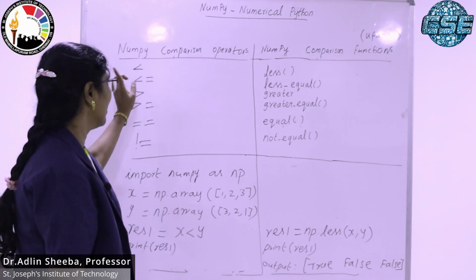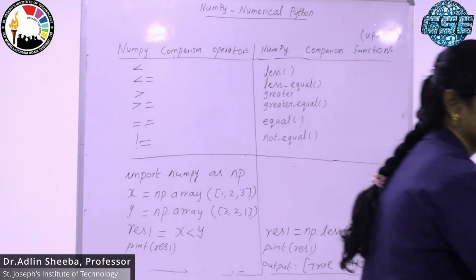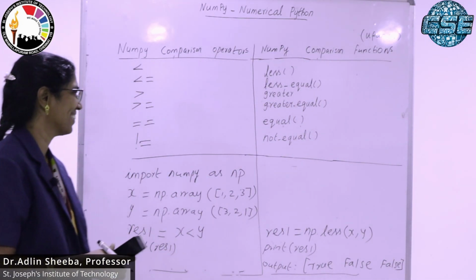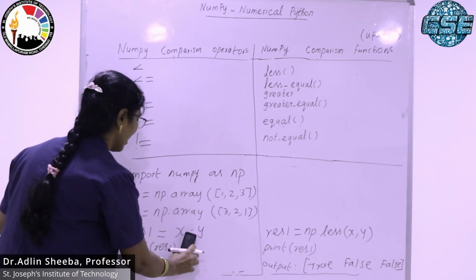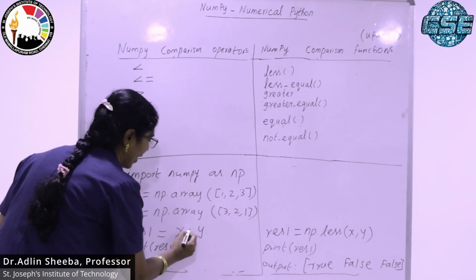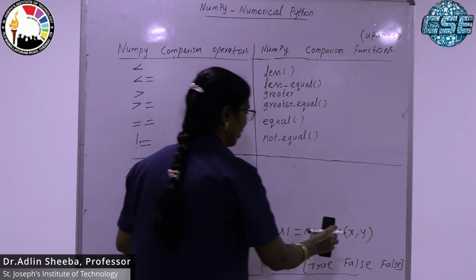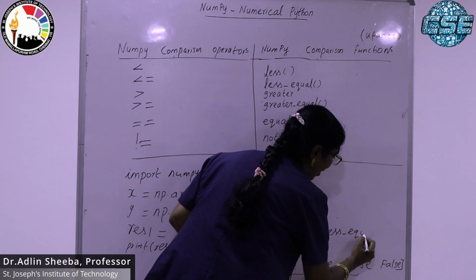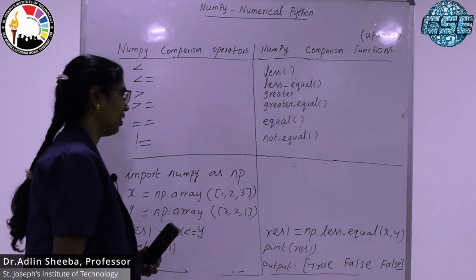So now let us see the second function, less than or equal to. So here instead of less than, we are writing less than or equal to. Okay. So here we are writing less underscore equal of x comma y. Okay.